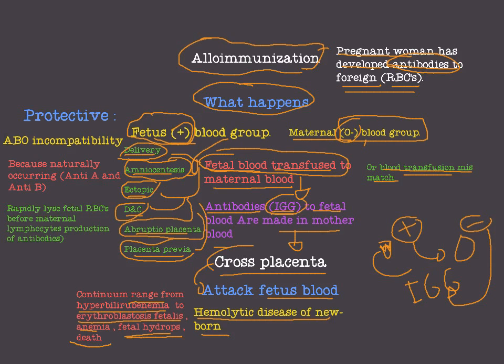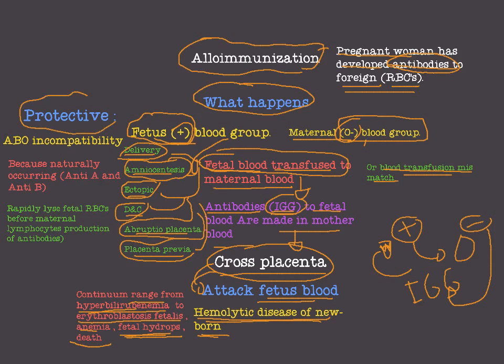These IgG antibodies cross the placenta and attack the fetal blood, causing hemolytic disease of the fetus that ranges from hyperbilirubinemia to anemia, fetal hydrops, and erythroblastosis fetalis, and so on and so forth. So this is the story.